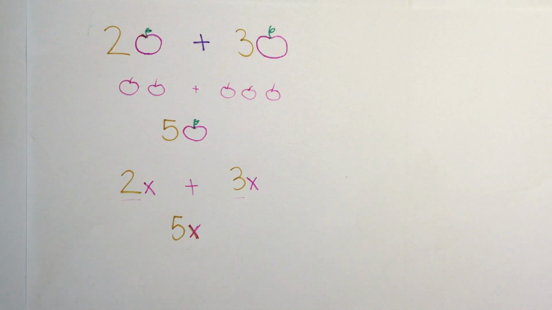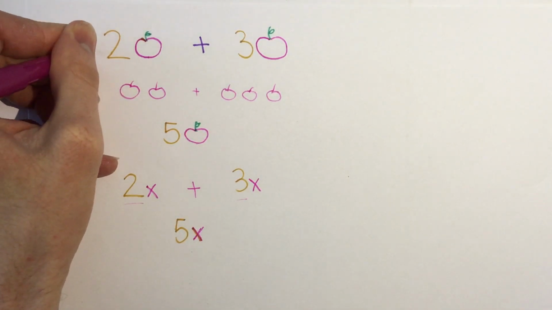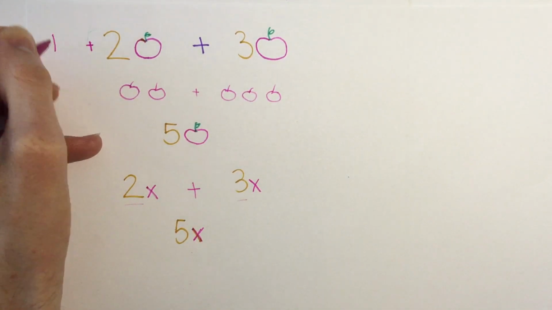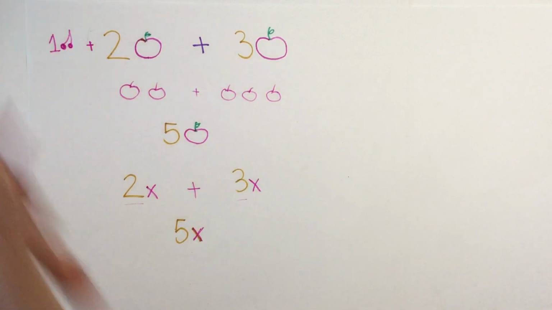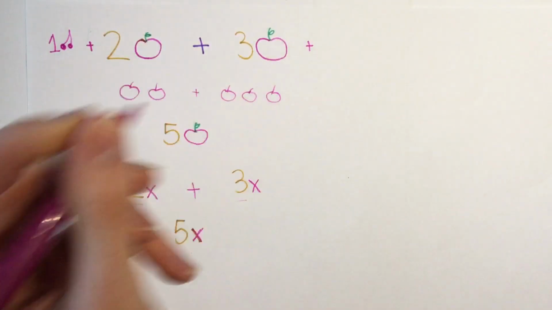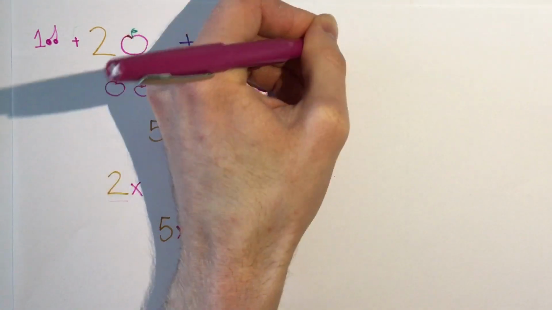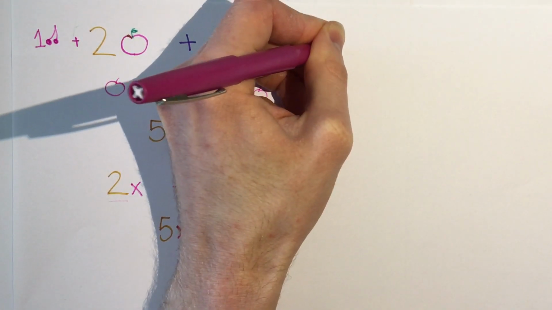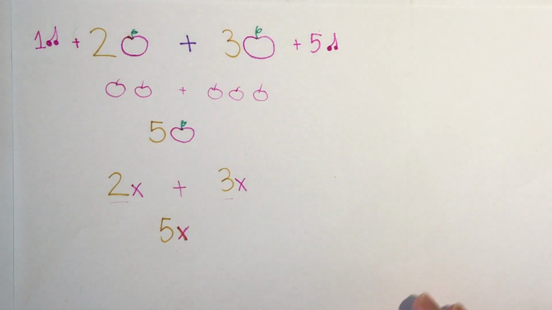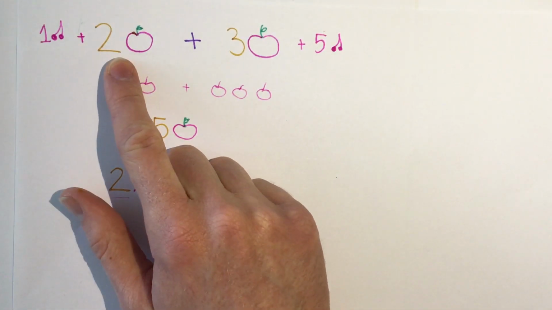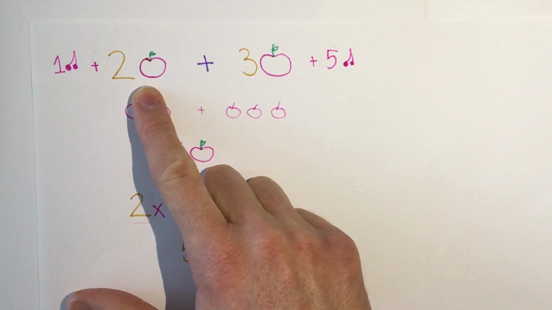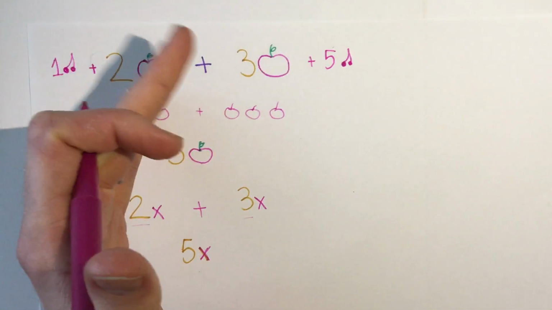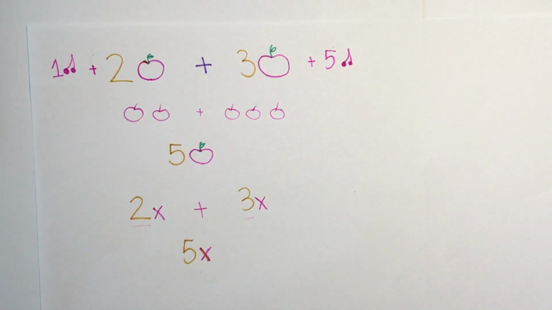But what happens if we go back to our fruit problem, but we have more than one fruit? Let's say we also have 1 cherry plus 5 cherries. Now, 1 cherry plus 2 apples. If we take a cherry and 2 apples, we're not going to have 3 apples or 3 cherries. We just have 1 of this and 2 of this. They can't be combined.